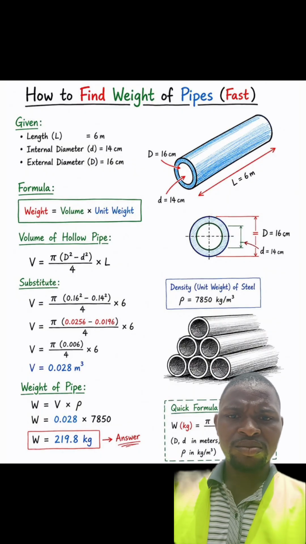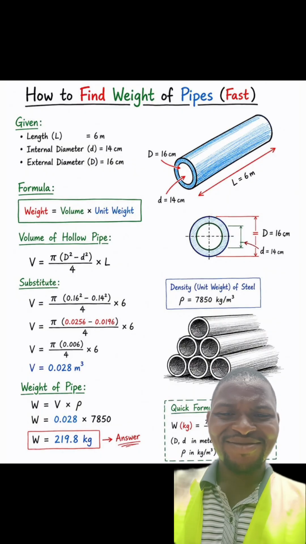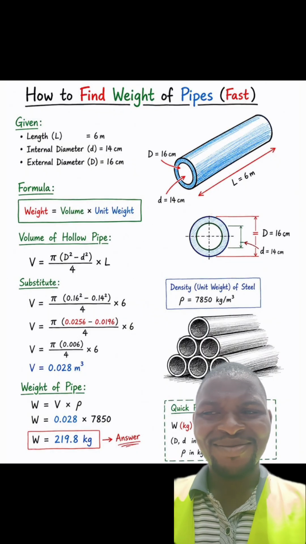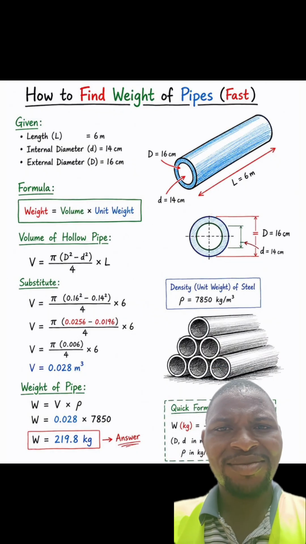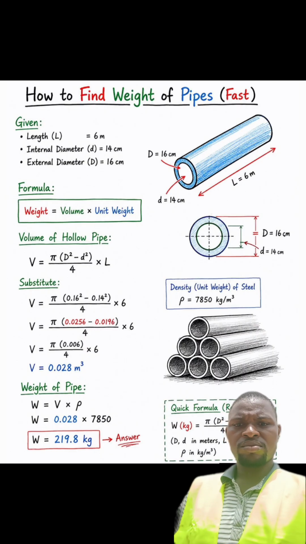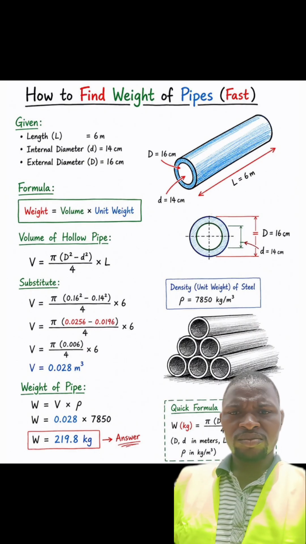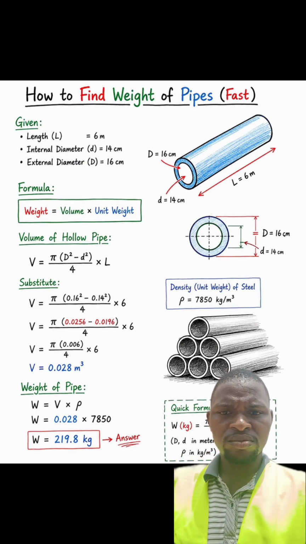If you substitute, you are going to have V equals pi into 0. Because the 14 cm and the 16 cm, you have to convert them to meters.